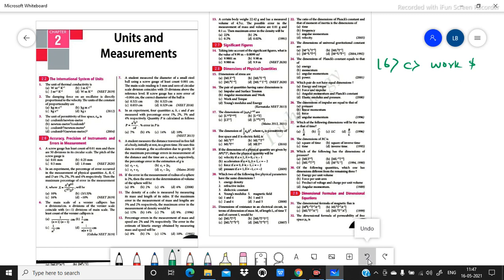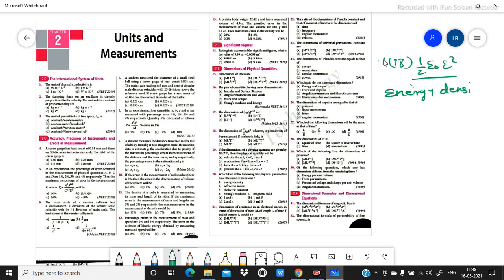So energy density means, just write like this, we know number 18, half epsilon 0 E square, is energy density.